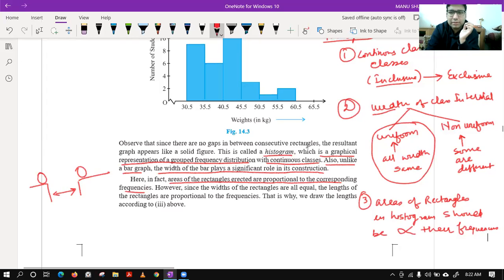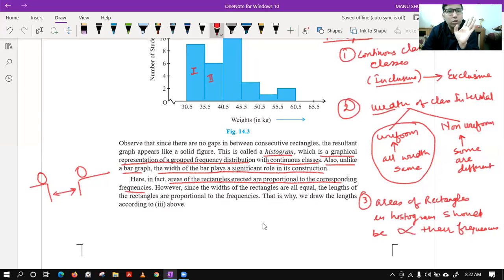Anyone who understood this? What do we mean by this? The simple meaning is, suppose there are two bars like this, this is bar number 1, this is bar number 2 in a histogram. Okay, don't confuse it with a bar graph. Let me call it a rectangle. So if you have rectangle 1 and rectangle 2, the area is not equal, Vaishnav.